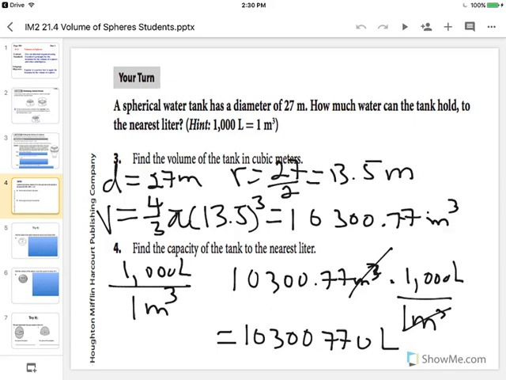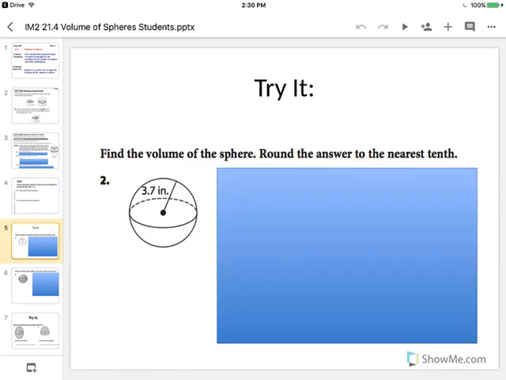Let's go on to our next one. Here it says find the volume of a sphere, round to the nearest tenth. For example 2, you're given that the radius is 3.7.